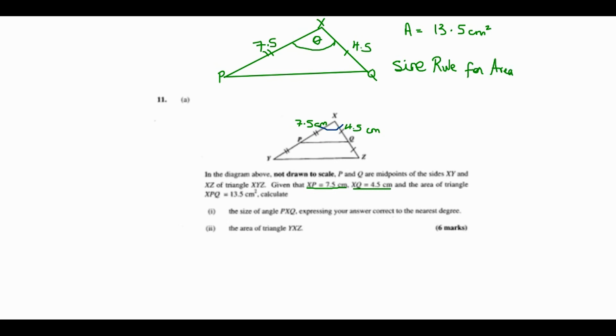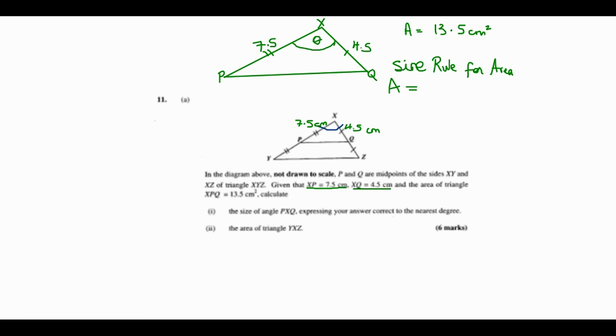The reason I want to use this rule is that, one, it relates the area of the shape to an angle given and two sides of the triangle, and whenever we're using it, we have to have the included angle, which in this case is theta.